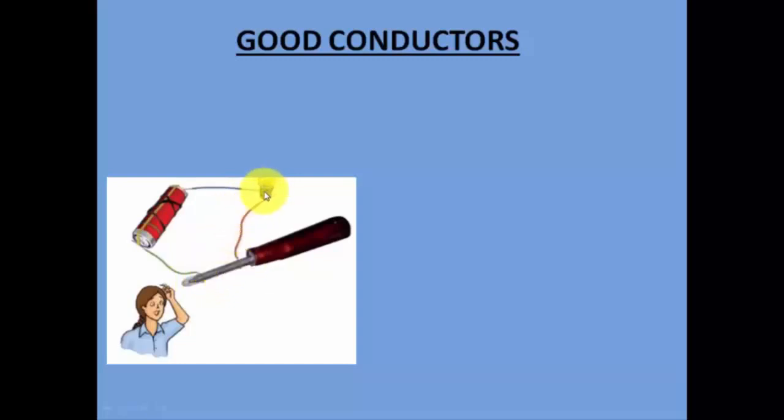What happens? Immediately the bulb glows. So the girl is confirming that when the two ends are connected onto this metal, the bulb will glow. Now, what will happen if the girl connects these two ends of the wire onto this rubber portion? It will not glow. That we will learn in the subsequent slides.